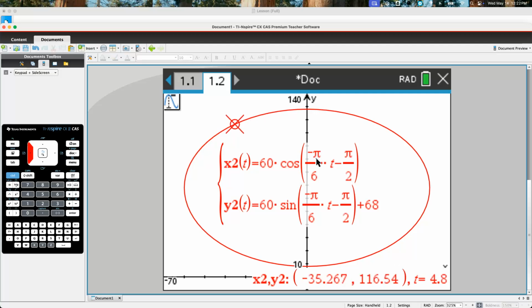Oh, it doesn't show up at t equals exactly 5. So to make it be exactly t equals 5, I can just type in 5, and it takes me right to it.